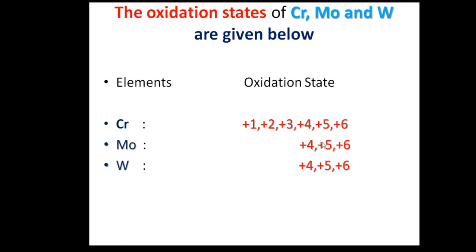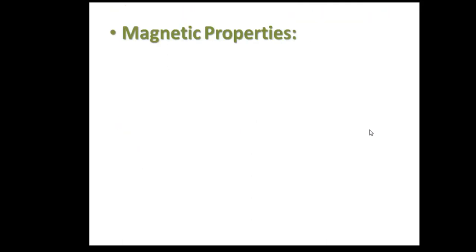In the case of molybdenum, we see +4, +5 and +6. Tungsten is +4, +5 and +6. Students, from the examination point of view, this comparative study is very important, and in the exam it is usually asked. So please focus on it.